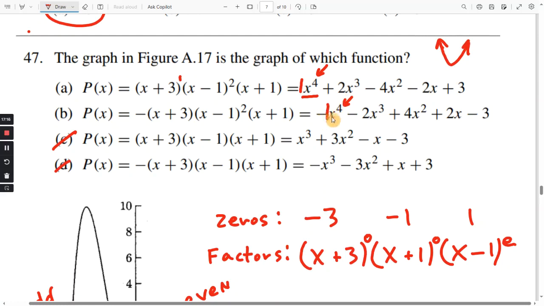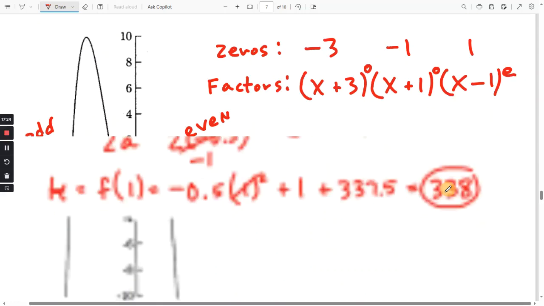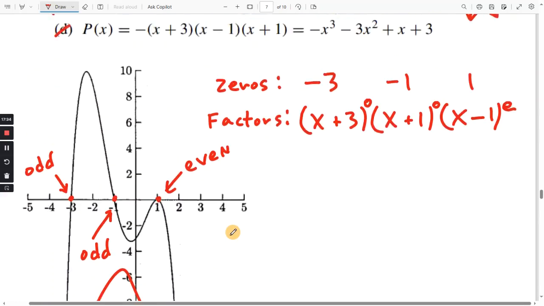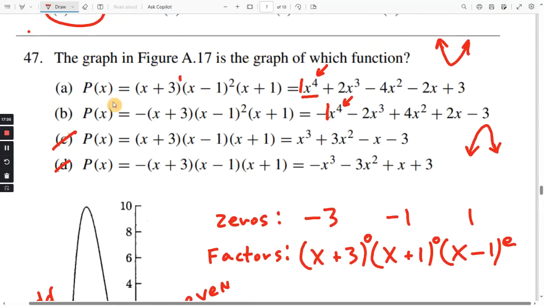It's negative 1. When it's even and negative, the graph is shaped like that. And we can see from this graph here, it's basically shaped like that. It's pointing down on both sides. So that is going to be answer B.